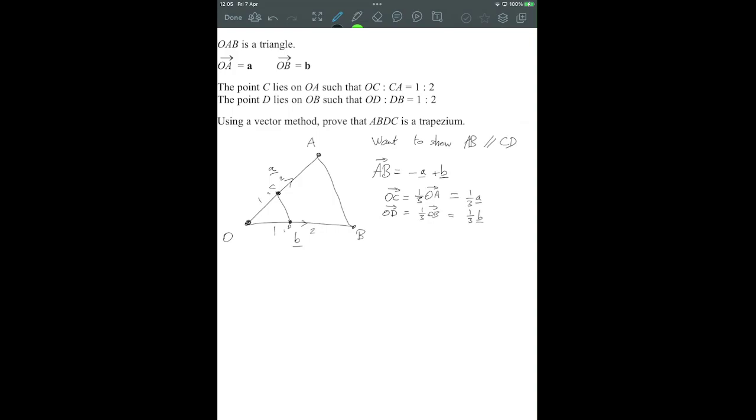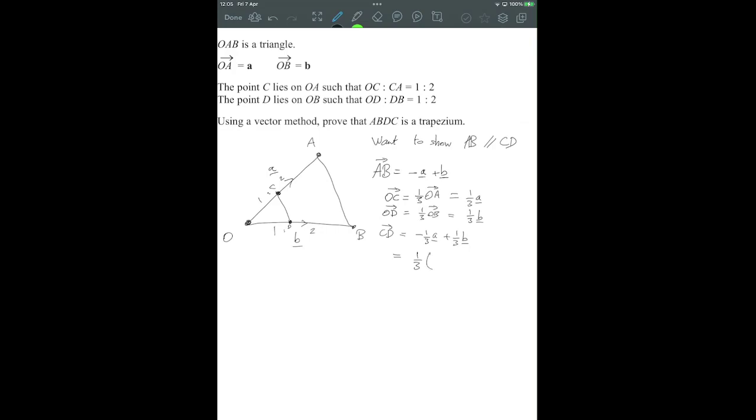Well, now we can do the same trick we had before. C to D, we need to go backwards along OC, forwards along OD, and we get negative a third A plus a third B. Well, now we need to remember what it means for vectors to be parallel. That just means that one is a multiple of the other.